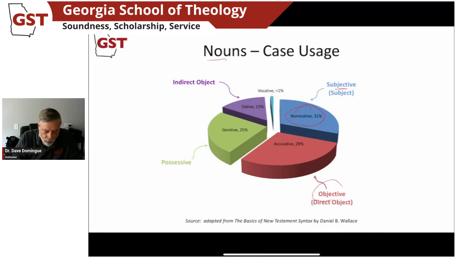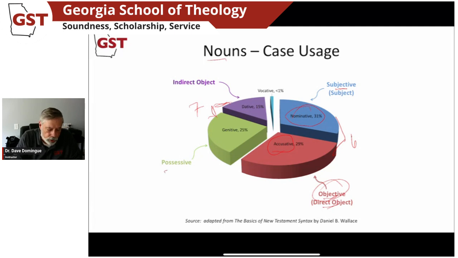The direct object, the objective case, appears 29% of the time for nouns, and in the Greek it's referred to as the accusative case, functioning objectively as a direct object. We're going to do these 2 today in chapter 6, and these other 2 in chapter 7.